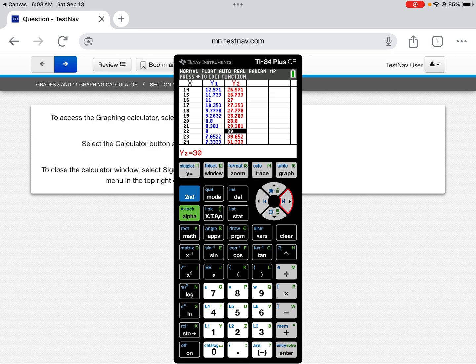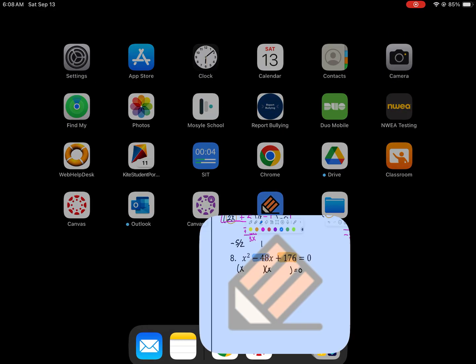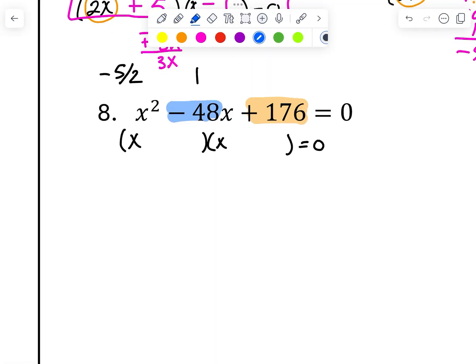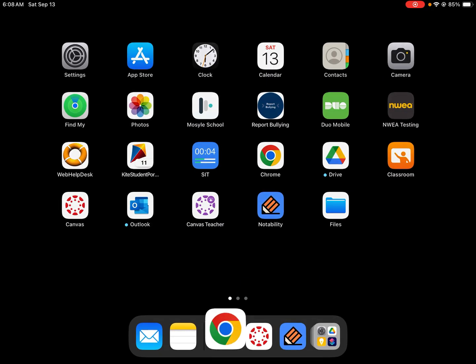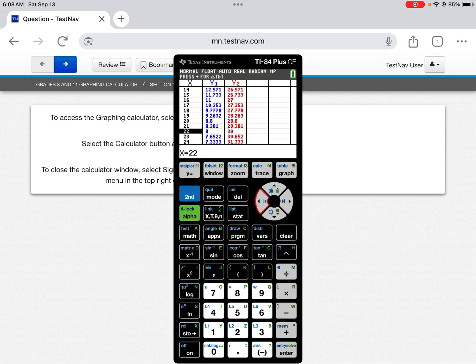And the middle term we were looking for is negative 48. So we'll go back to our calculator, and we are looking for the red number that's negative 48. So we're looking in the red column for negative 48. Whoa, right there it is. So the factors are negative 4 and negative 44.